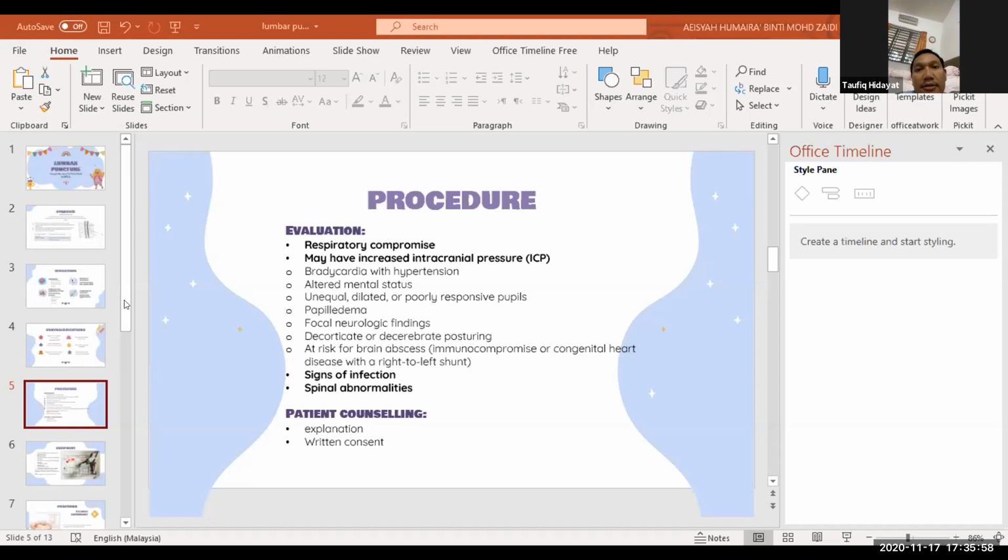Another important thing, ideally we do LP as soon as possible before we start antibiotics, because if we start antibiotics before LP, there will be some changes in the findings. There will be a seminar on meningitis where the LP findings are presented: bacterial meningitis, viral meningitis, or partially treated.